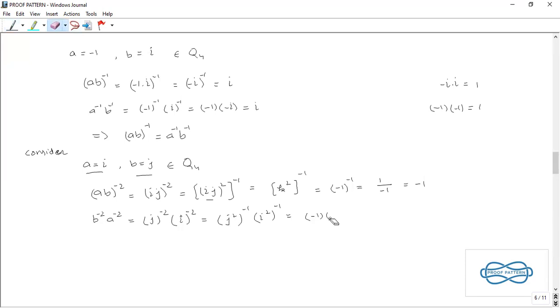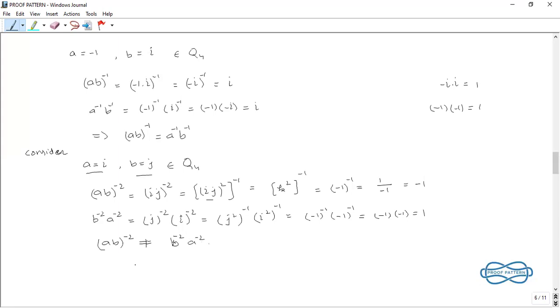So instead of j square we have written minus 1, and instead of i square we write minus 1, and minus 1 into minus 1 is equal to 1. So it is clear that (AB) to the power minus 2 is not equal to B to the power minus 2 A to the power minus 2.